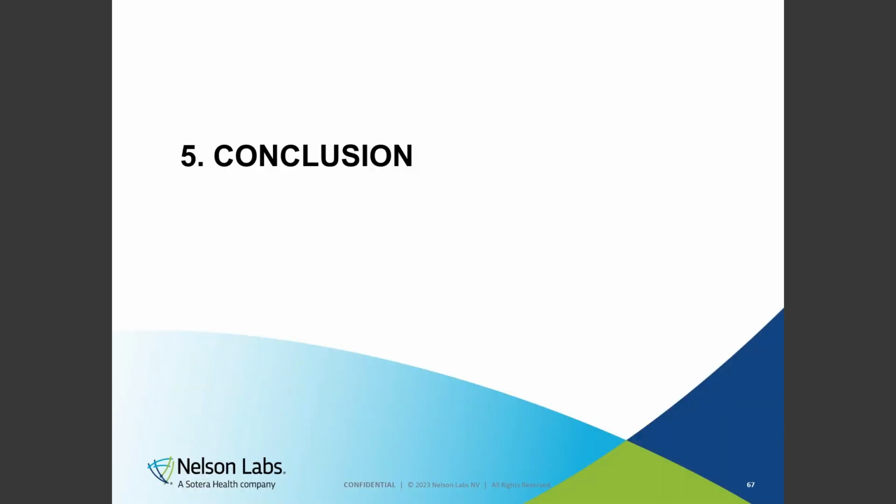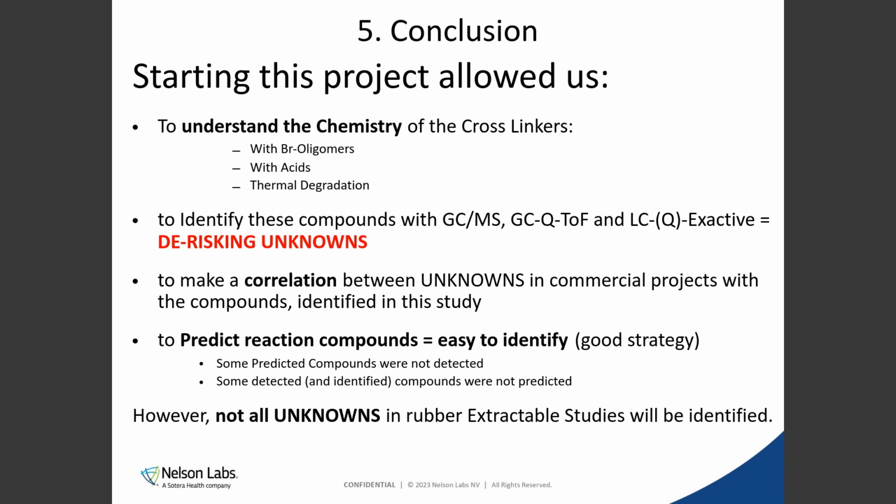Well, what is the conclusion for us? We were able to predict other compounds, and in this way we could de-risk the unknown issue, as we could have a better identification of those compounds that we found in an extractable study, going from unknowns to something that is at least a bit more classified, where chemical classes can be assigned to those compounds.